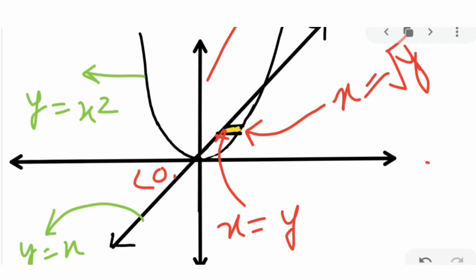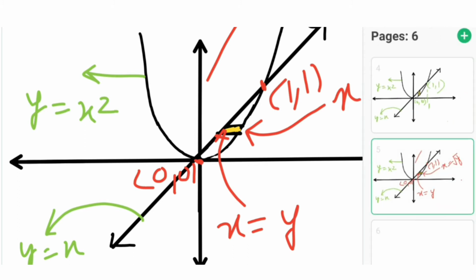This is 0 comma 0, and this point is 1 comma 1. So we have found out both the limits of x and y. Now we will change the order. We will first write down the variable limits of x and then the constant limits of y. Let me change the limit in the next slide.